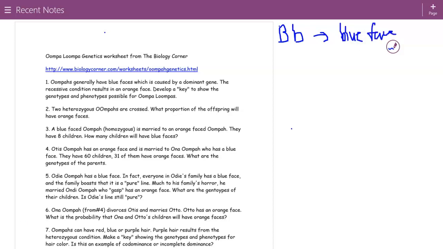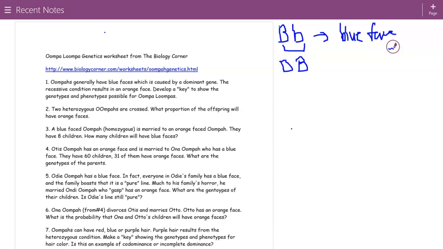Okay, in order to get an orange face, and there's another way that you could get a blue face. This is a heterozygote or heterozygous genotype. How else could you get a blue face? Well, you could have a homozygous dominant.